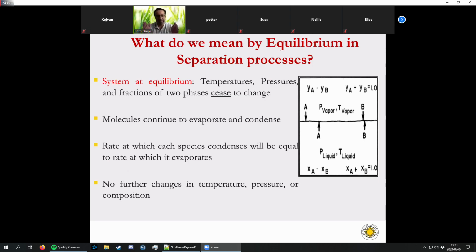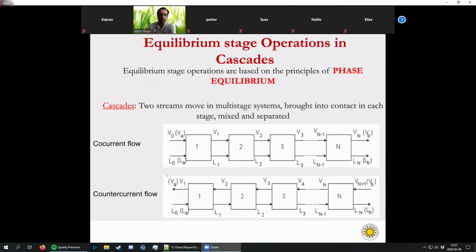But when the streams leave a stage, their mole fractions should be narrowed down so that they can get close to the equilibrium conditions, right? In equilibrium, the rate at which each species condenses will be equal to the rate at which it evaporates. So equilibrium will be achieved, and there will be no further change in temperature, pressure, or composition.